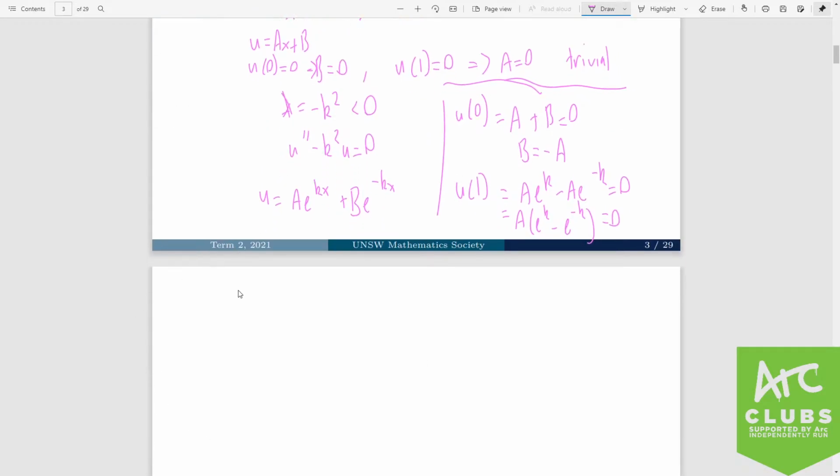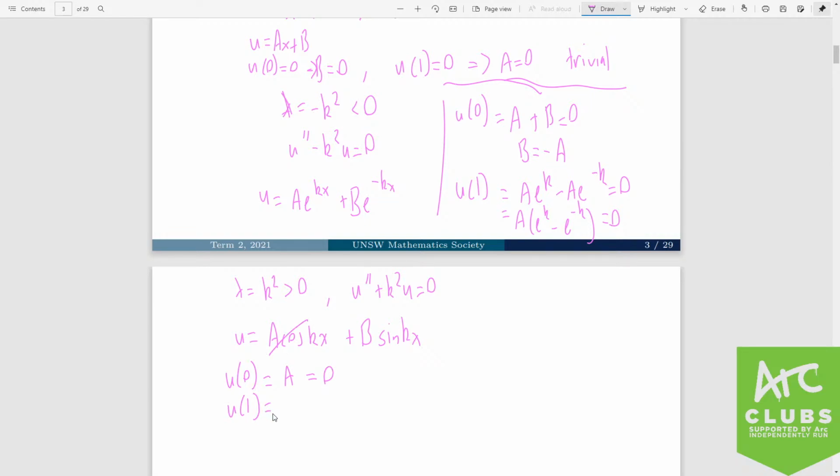So our final case is when lambda is positive, so we set it equal, once again, to k squared, and then we have u double dash plus k squared u equals 0. Solving this gives us a cos kx plus b sin kx. Once again, solving the initial condition, u of 0, cos of 0 is 1 and sin of 0 is 0, that's equal to 0, so then we cross that out.